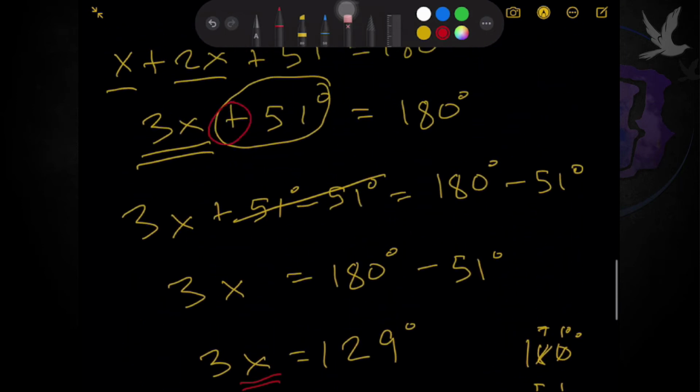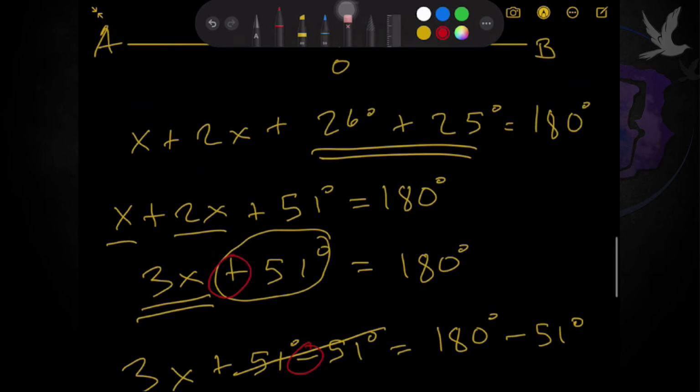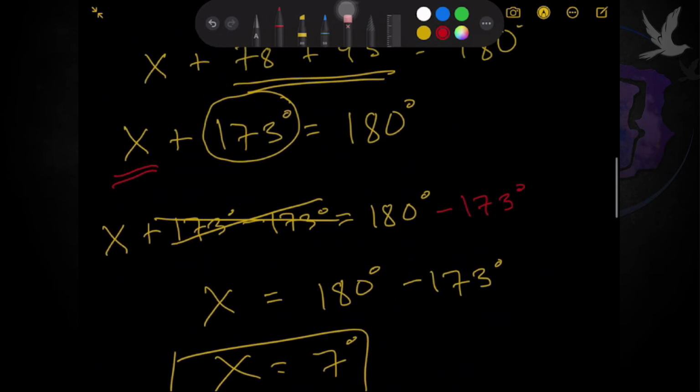Since it is addition, to remove it, you make use of the opposite of addition, which is subtraction. Same lang yung ginawa natin sa first din. Addition, para tanggalin natin siya sa equation, we need to use its opposite, which is subtraction.